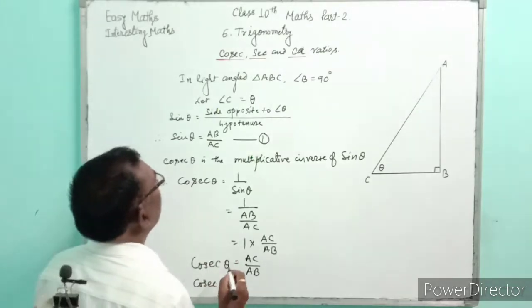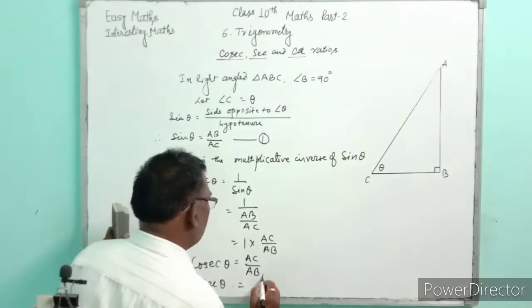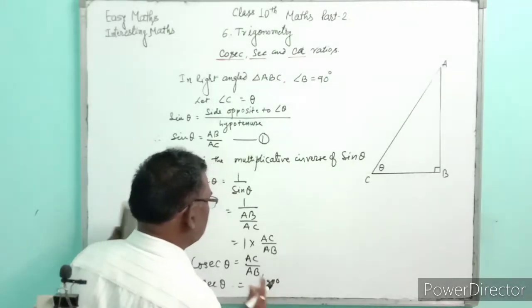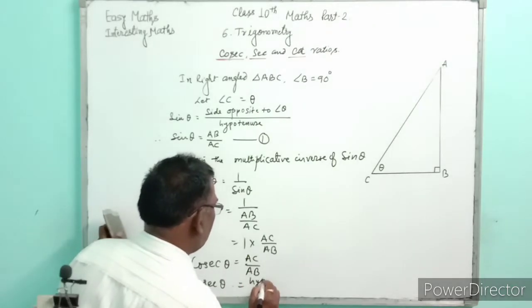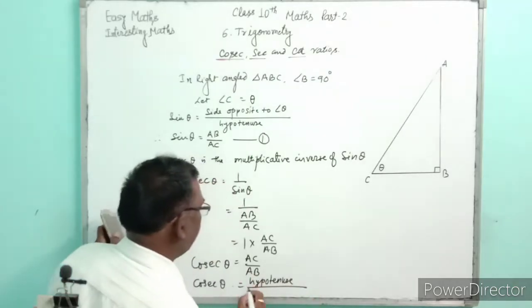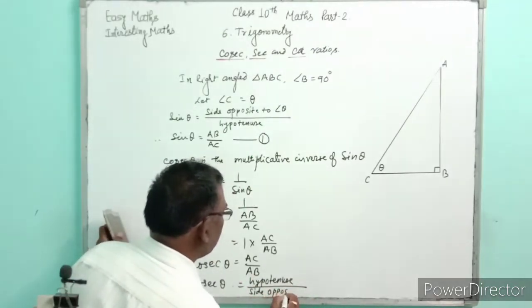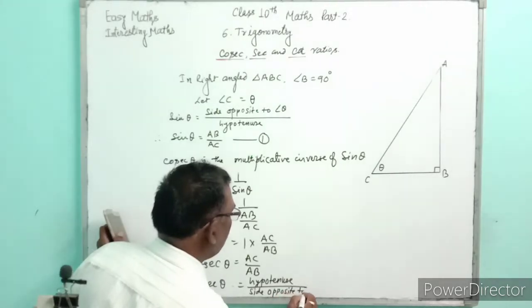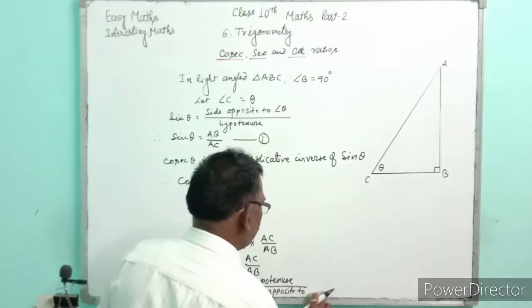Therefore, cosec theta is equal to hypotenuse divided by side opposite to angle theta.